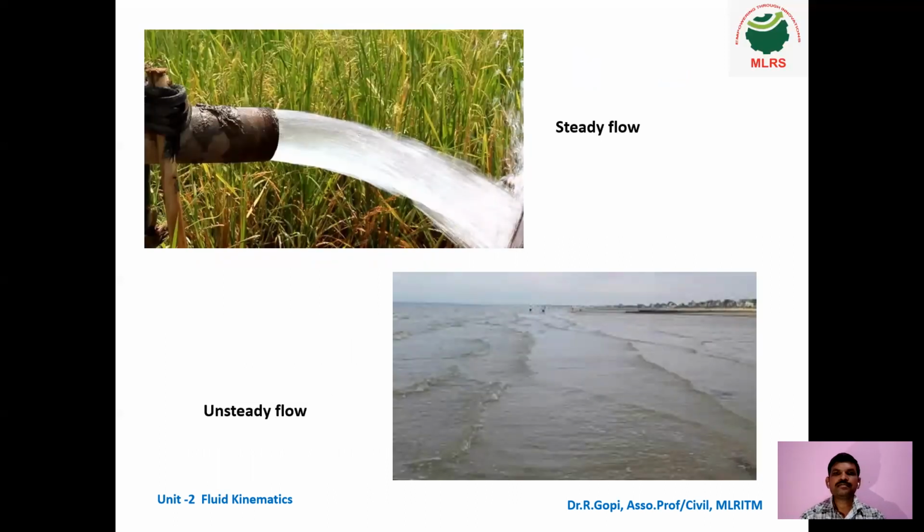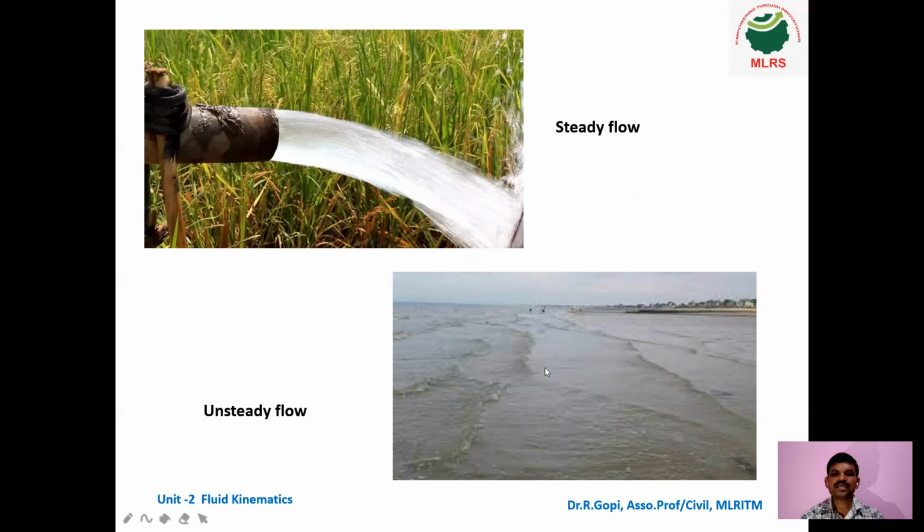Now you can see here a pipe discharging the same quantity of water. So this is the best example for steady flow. Now you can see the unsteady flow. These are the tidal waves generated near the seashore.